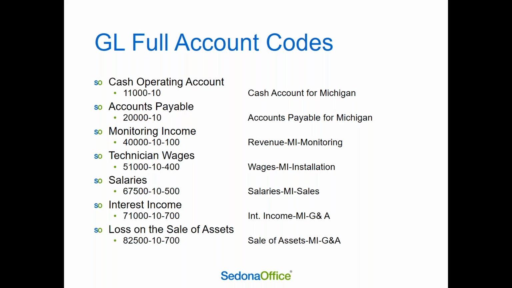The same goes for salaries down below. You only need one base number, and then the categories will break out the rest. And then naturally, you have your income and loss on the sale of assets defined here, going to the G&A category, which is essentially a cost center that you might want to then allocate to the other profit centers.